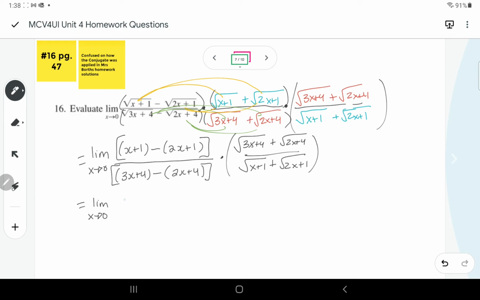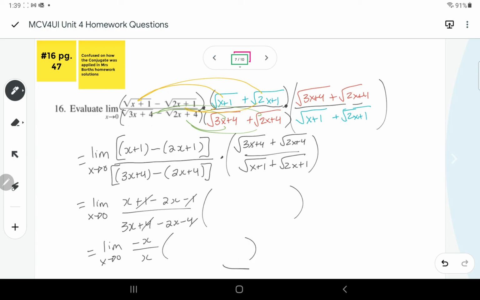So here I get x plus 1 minus 2x minus 1 over 3x plus 4 minus 2x minus 4 times that same thing. I'm just going to focus on this first one. That the ones would be gone, and then I have negative x over x times that same bracket, just kind of for saving space.